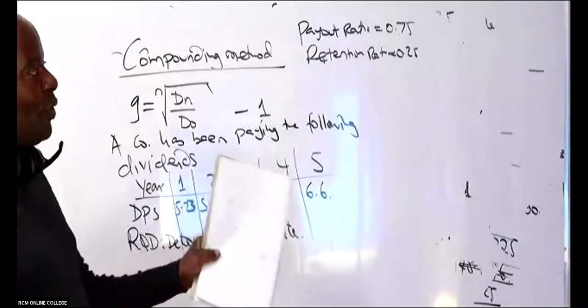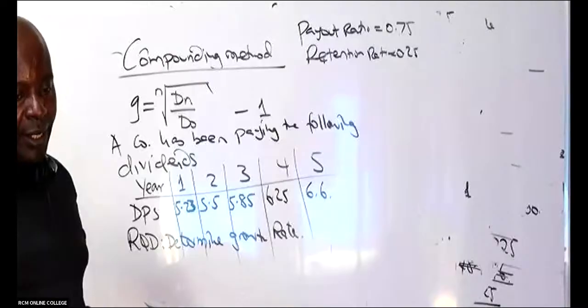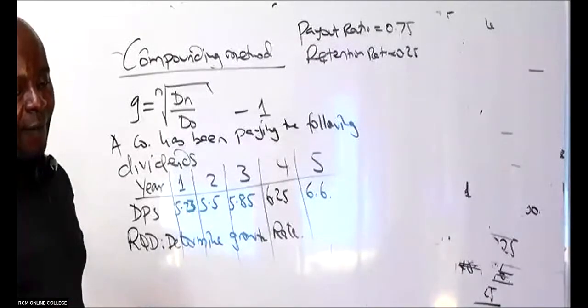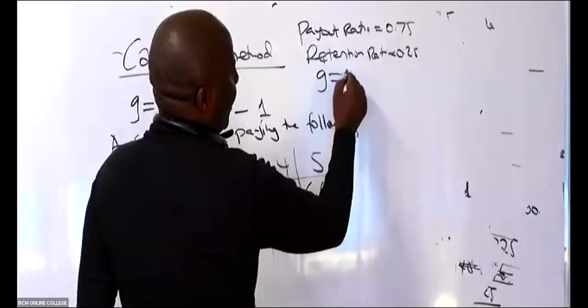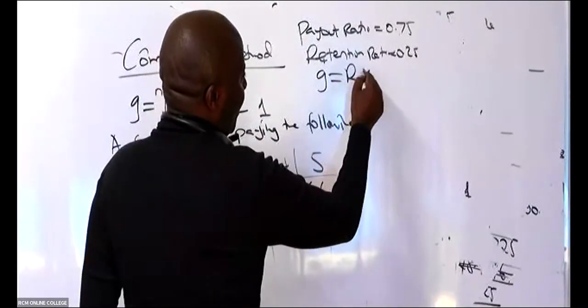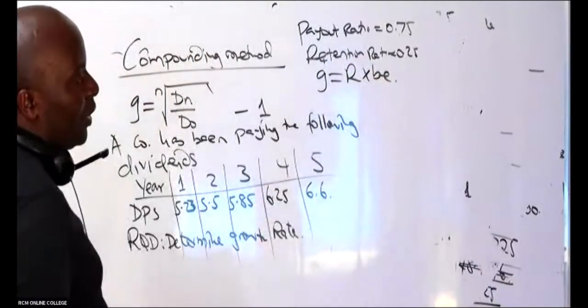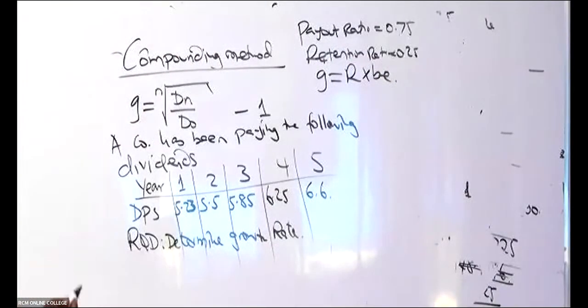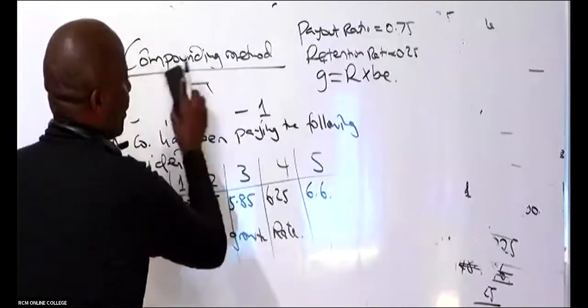If they are paying 75%, then we retain 25%, right? Then to get our G, you take this retention times the equity return. So they arrived very fast. Then we come back to this, ladies and gentlemen.